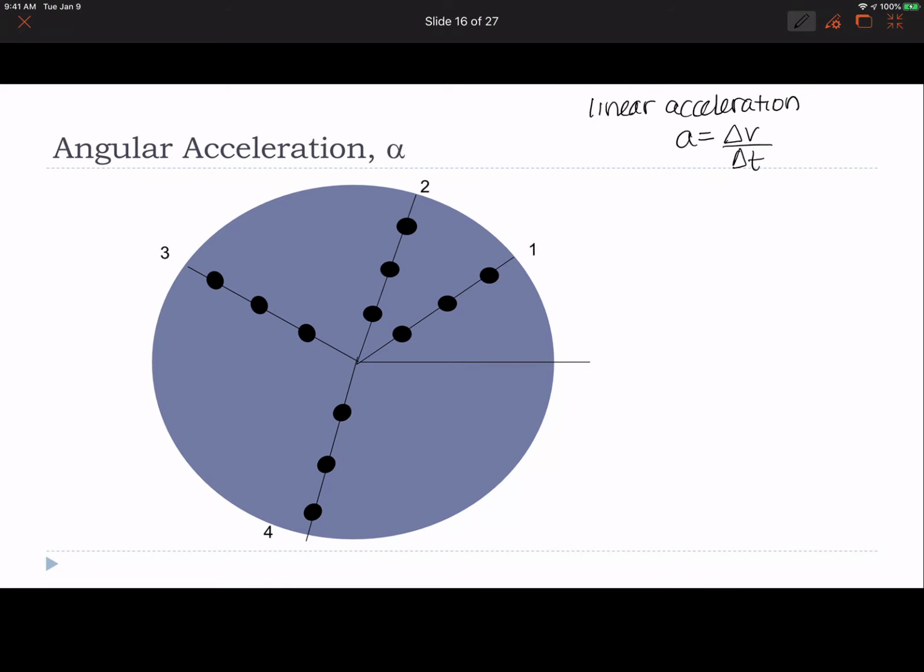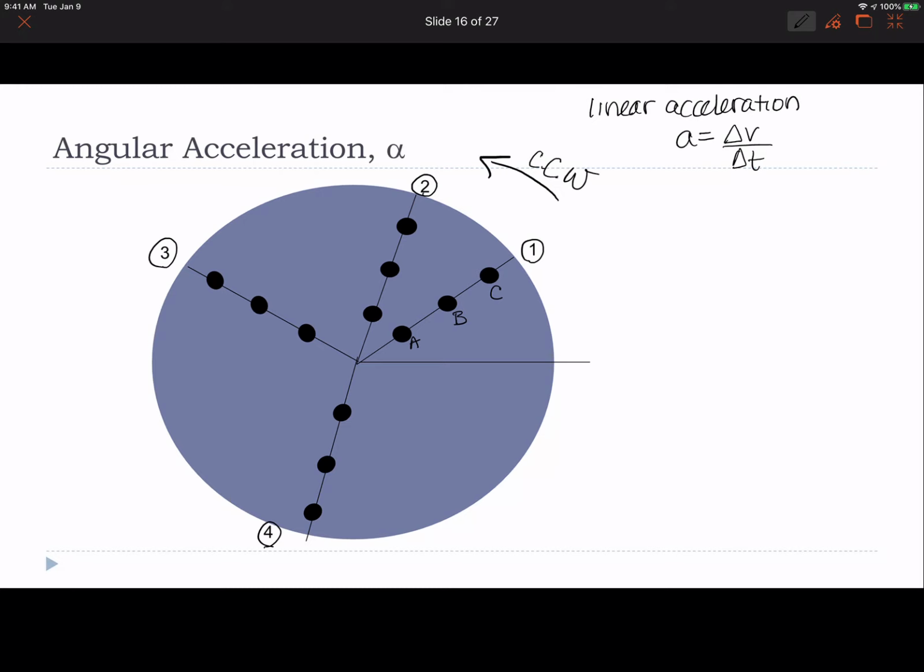In a similar way, we could have a representation of this disk which is rotating in the counterclockwise direction, and each one of these numbers represents where those parts of the bigger solid rigid object are over equal time intervals.